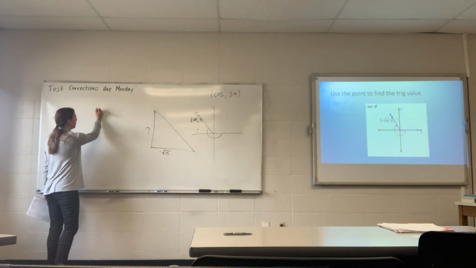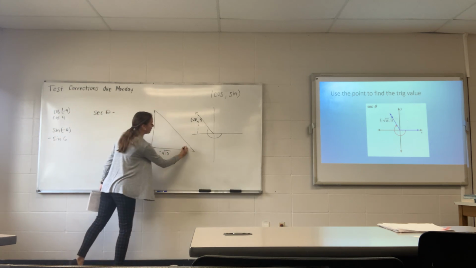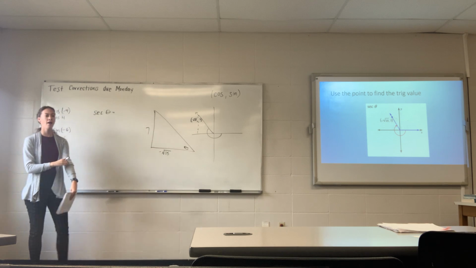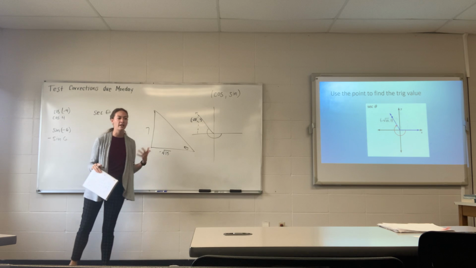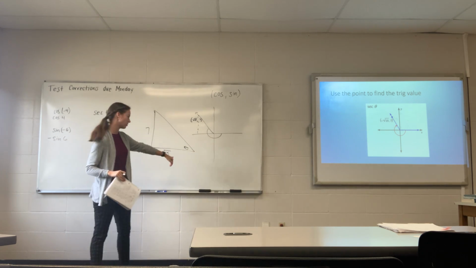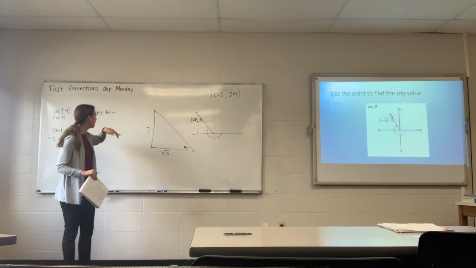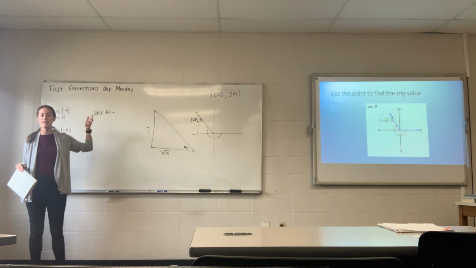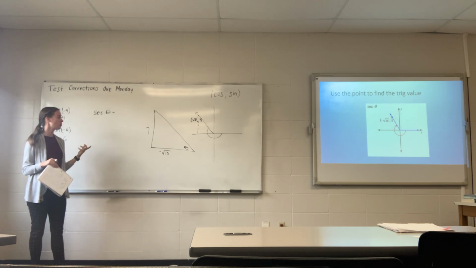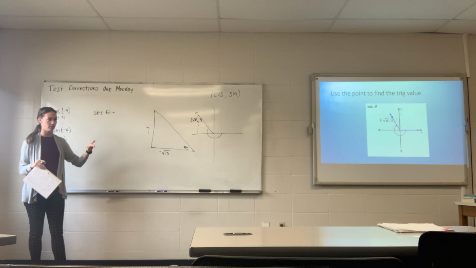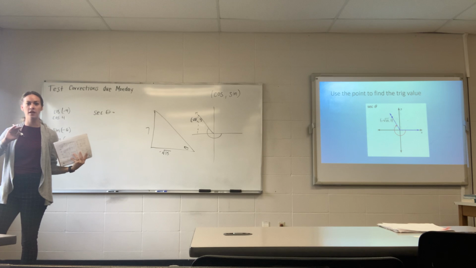Okay, so if I'm trying to find secant of my theta, theta's what now? I don't know my theta yet. It's just the angle, some mysterious angle down here that I don't know what it is. So how do I solve for secant? A squared plus B squared equals C squared. Madison said I need to use the Pythagorean theorem to find this other side, because secant and cosine go together, don't they?